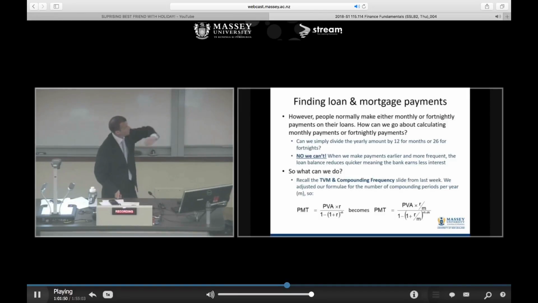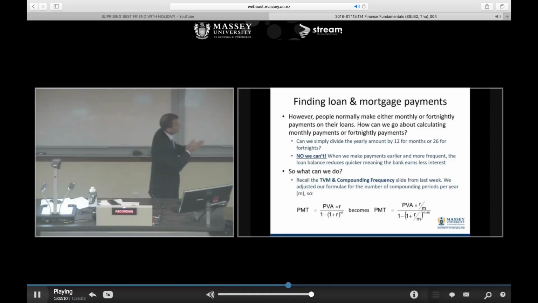if you went back to that slide, what it says is that wherever R is in the formula, it becomes R divided by M. Because we don't want to know what the interest is over the whole year, we now only want to know what the interest is over the month or the fortnight.